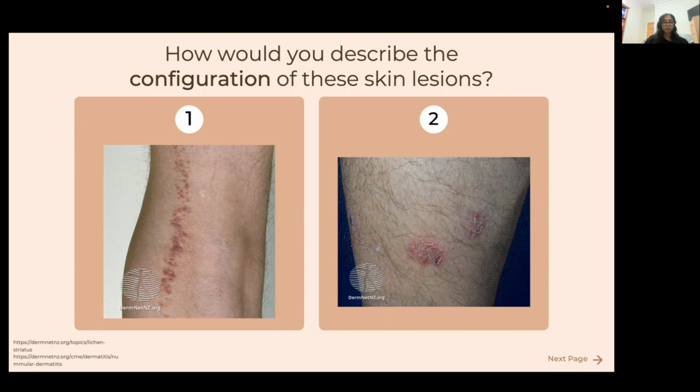So we've got one could be linear, and two is disseminated or discrete. Okay, cool. So I agree.